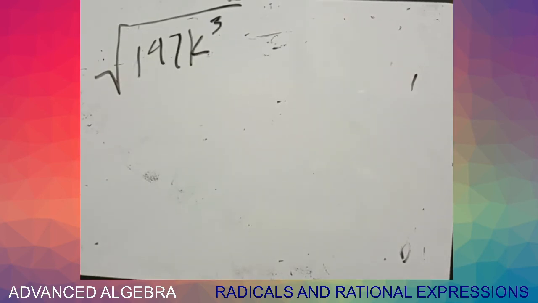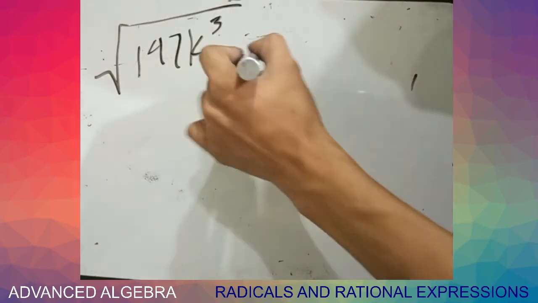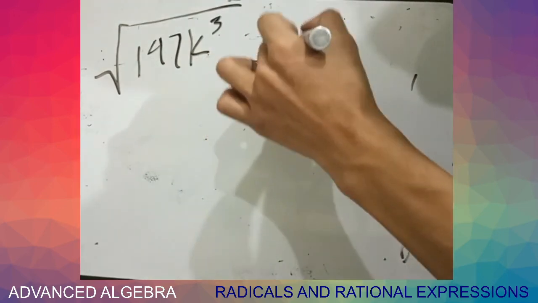Okay. So, the square root of 147 k cube. So, itatransfer natin siya as rational exponent. So, paano yan? So, ganito lang yan. So, sulat mo lang yung number, 147.